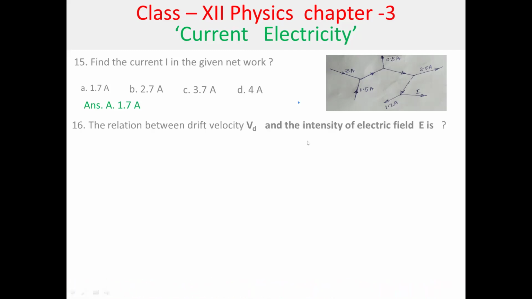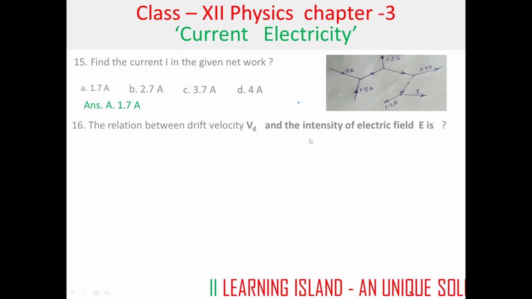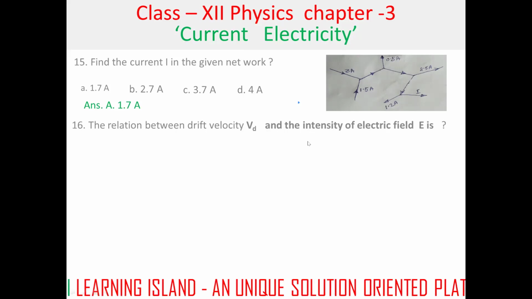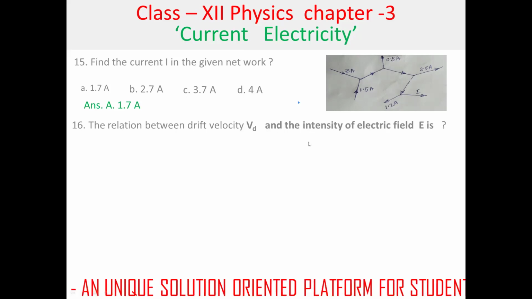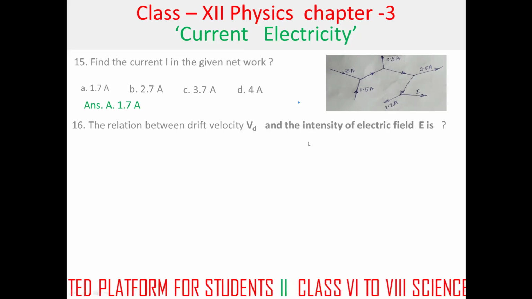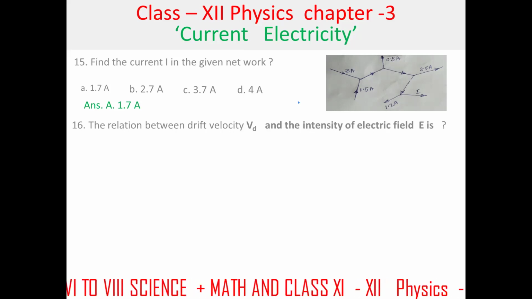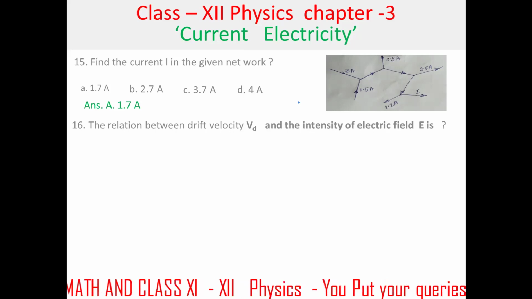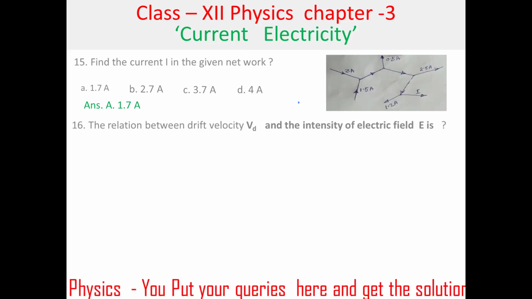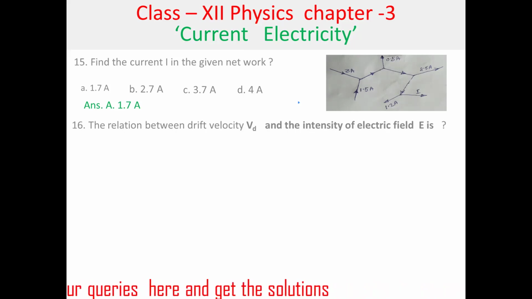Now question number 16. The relation between drift velocity Vd and the intensity of electric field E is. I think this kind of question has been discussed earlier. I think no need for explanation.